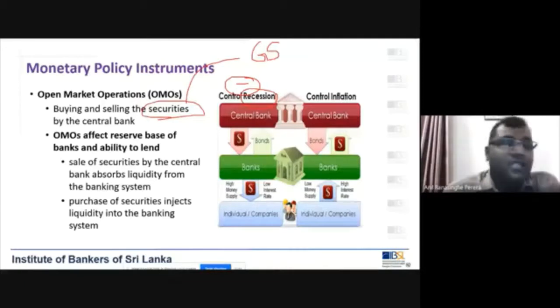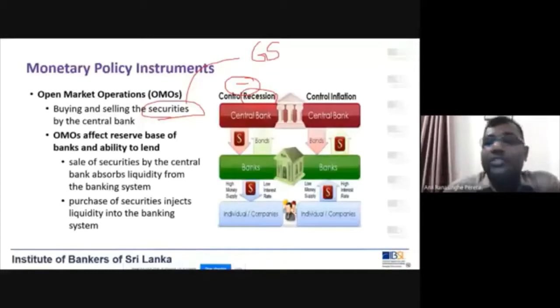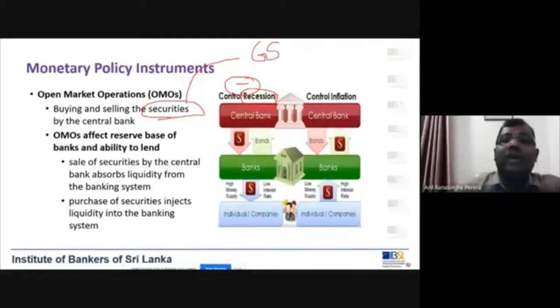So the economy will slow down, and that could even lead to a recession. So how can the central bank support? The central bank is giving money to the economy. And when it gives money, it takes bonds.